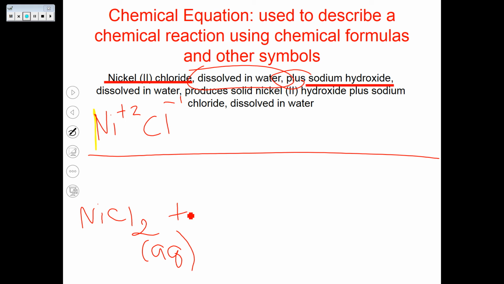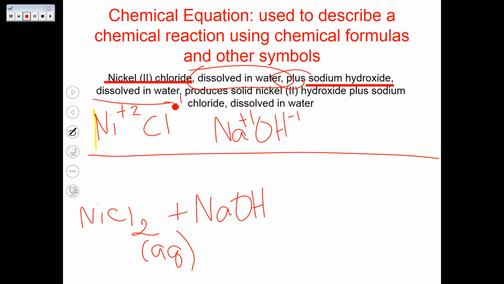Sodium hydroxide. So sodium is Na +1. Hydroxide, remember, is a polyatomic ion, OH -1. So when you drop and swap, it becomes NaOH. It also says it's dissolved in water, so we're going to put an aq here.